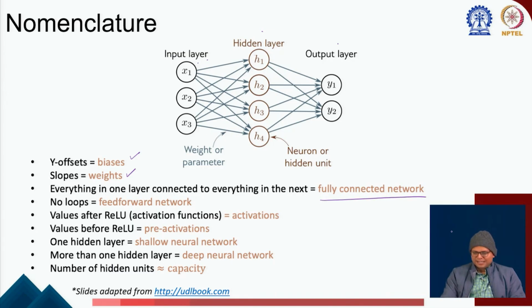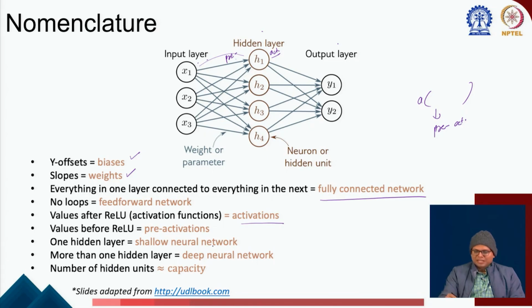There are no loops, so it's a feed forward network, always going forward. After you apply ReLU, the values are called activations, and before applying ReLU, they are called pre-activations. So you will have pre-activations here, and you will have activations here. These hi are activations, and whatever is inside before you apply the ReLU is called the pre-activation.